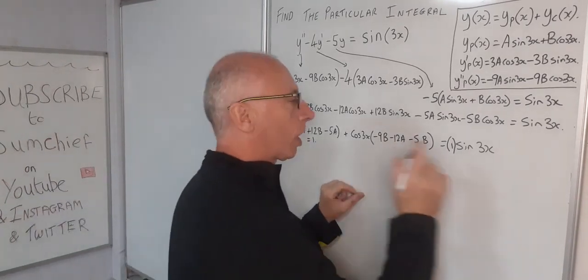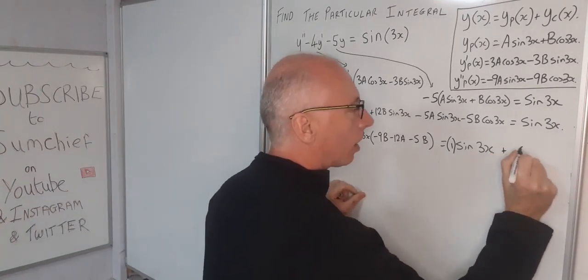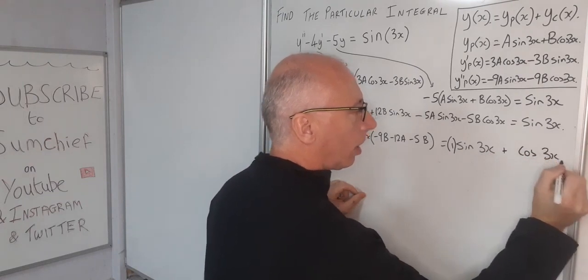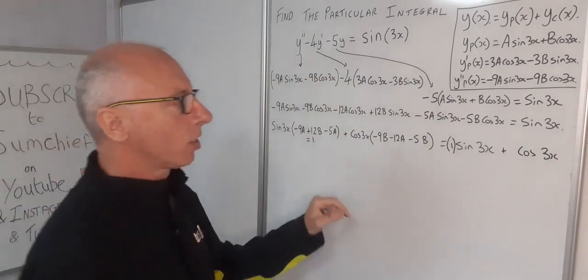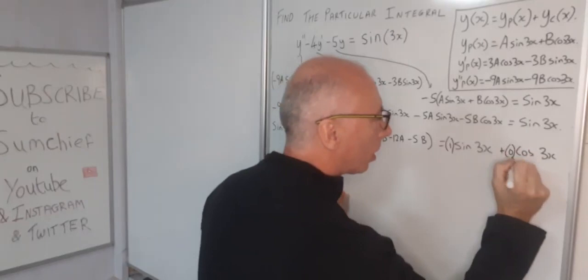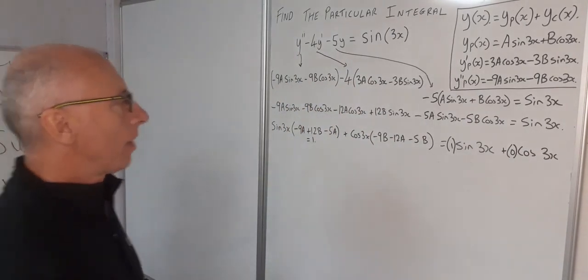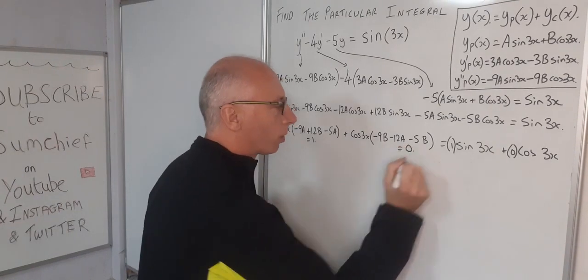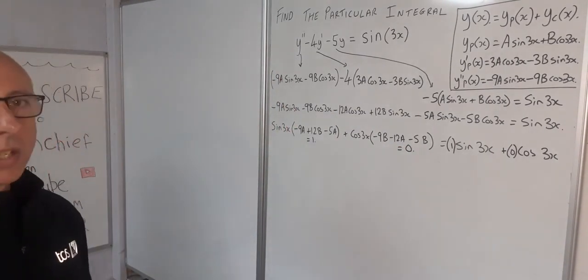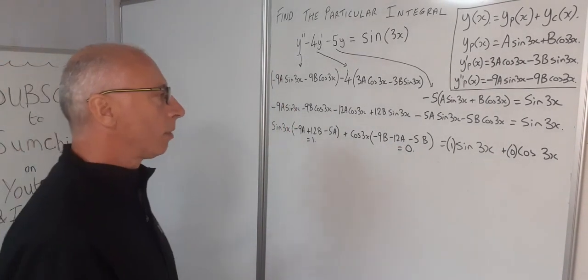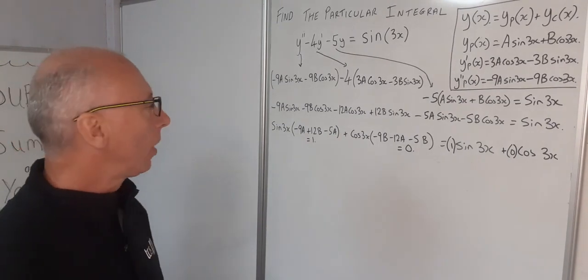And here I could put cosine 3x in here. But I know that my coefficient here is going to be 0 because there's no cosine on the right hand side. So then therefore this should equal 0. So this should then give us a system of equations where hopefully we can solve for a and b.